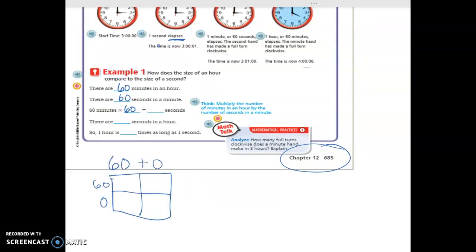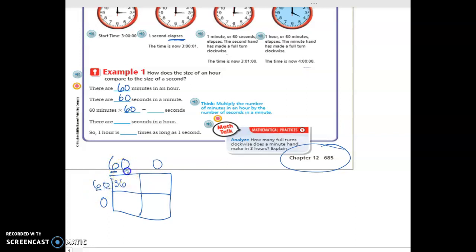Now at the beginning of the year we learned how to use the distributive method, also what we refer to as the box method. We set that up because 60 plus 0 and 60 plus 0, this is how we would set it up, and this is what we would multiply in our window. Now, normally we don't really write that plus sign there, but we do go ahead and solve. 6 times 6 would give us 36.